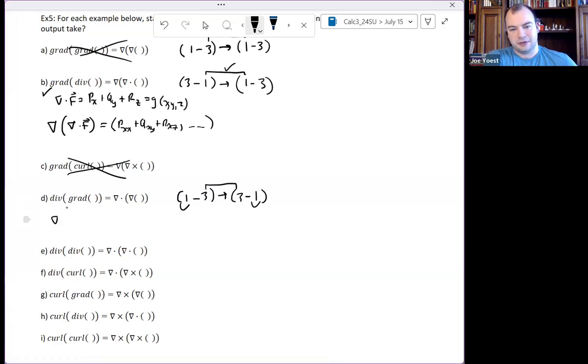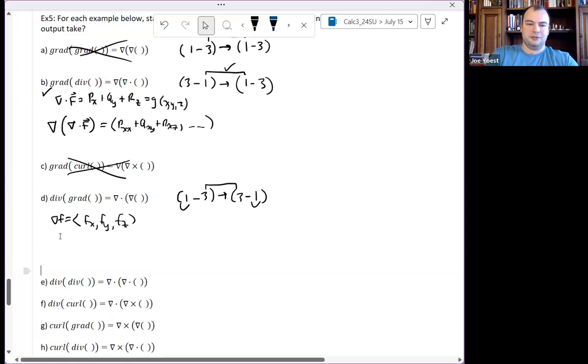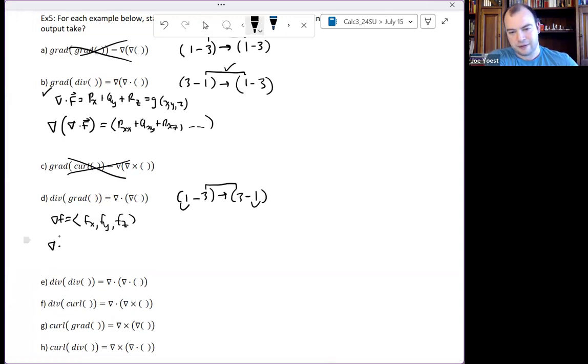So if I have grad little f, that's fx, fy, fz. And then if I take the divergence of this vector field, which will be a gradient vector field, I take the x derivative of my first component. To that, I add the y derivative of my second and the z derivative of my third.